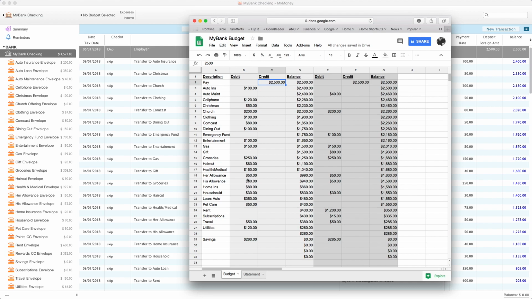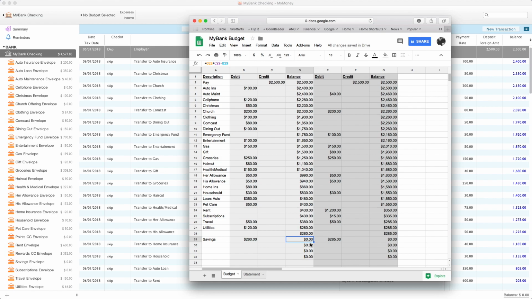Every dollar is given a job, and at the end of it, in this example, I had $260 left over, so I'm going to put that in savings so that I'm down to zero in terms of the money that I need to budget.